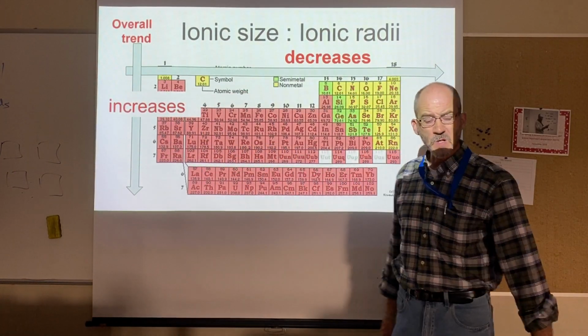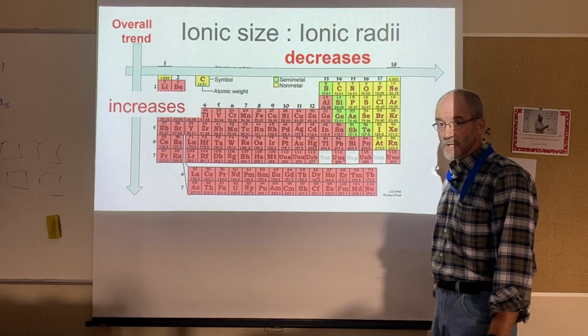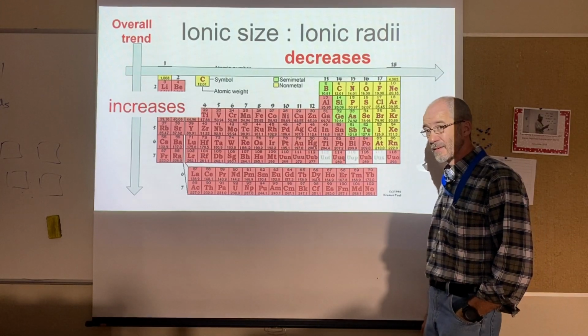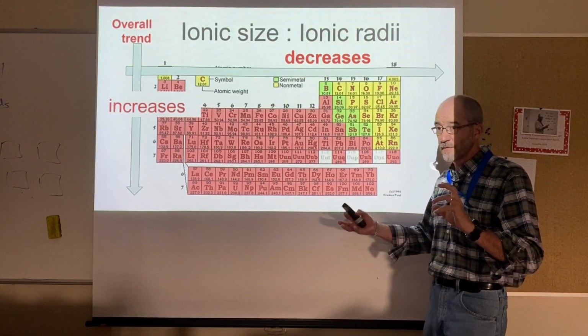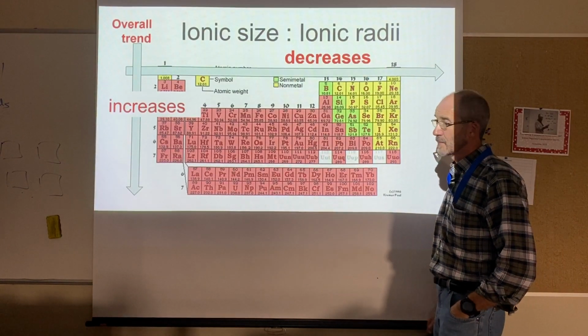So there's something to be said for just being able to remember the trend, but also for being able to understand the trend. But could there be any differences between the two?